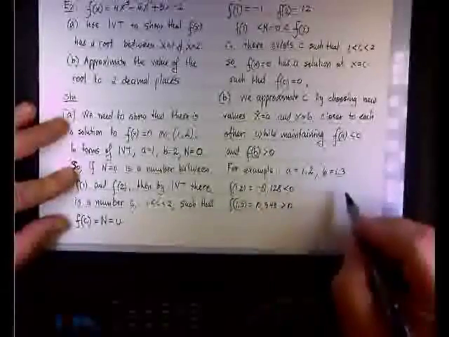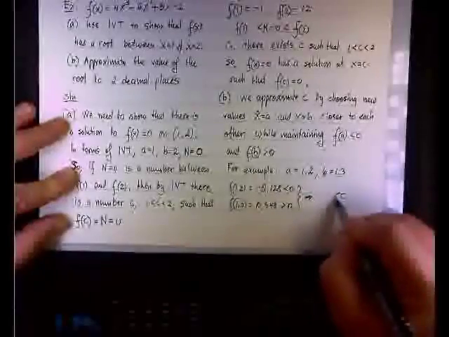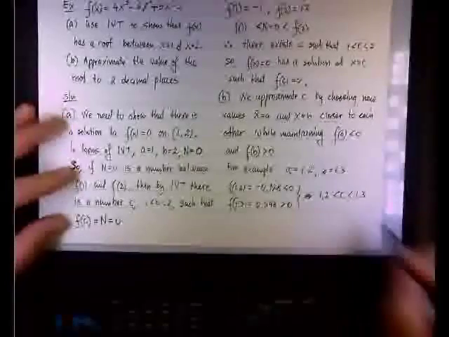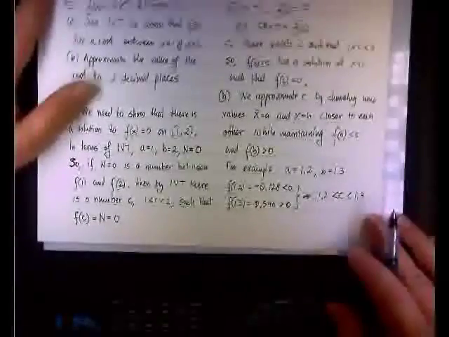So from here we get that C will be a number between 1.2 and 1.3. Okay, but this will give me one decimal place. So what I'll do next, I can try something closer.